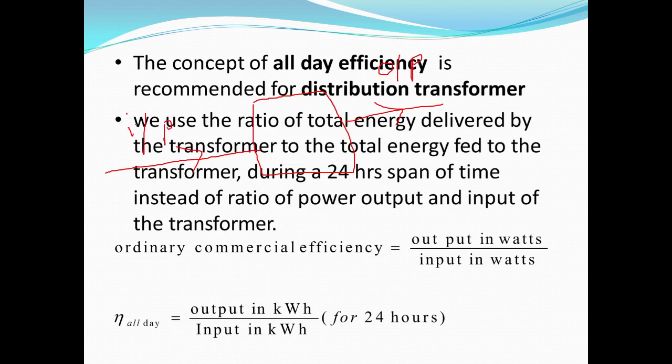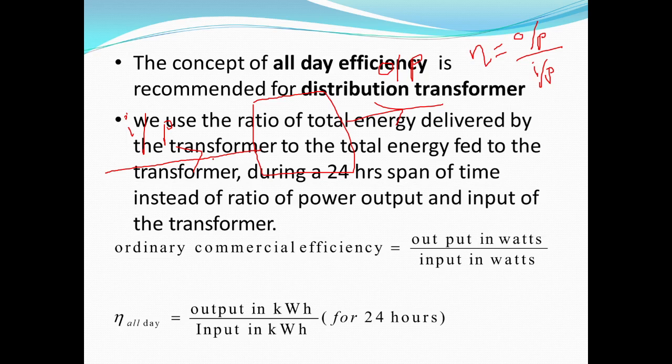To measure the efficiency of any machine, efficiency is the ratio of output to input. Here we use the ratio of the total delivered energy to the total energy fed to the transformer, considering the entire span of 24 hours.